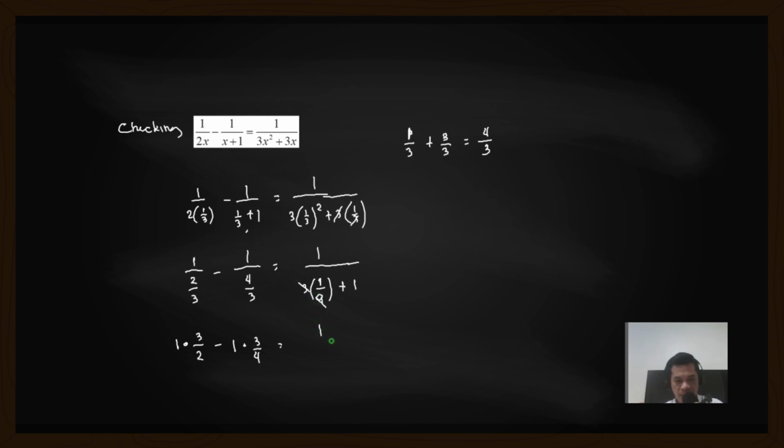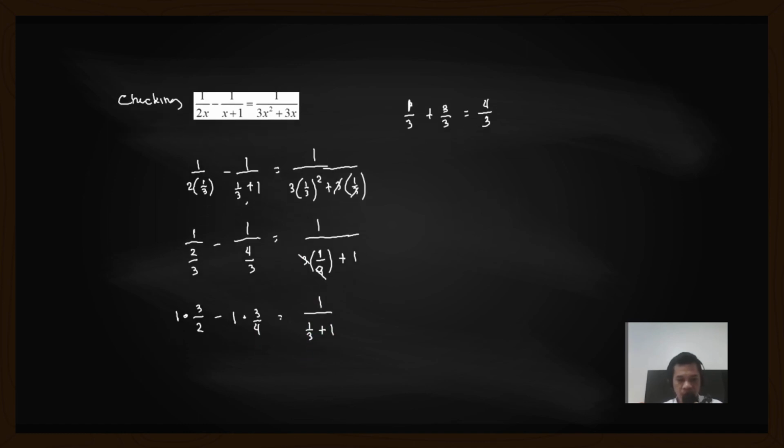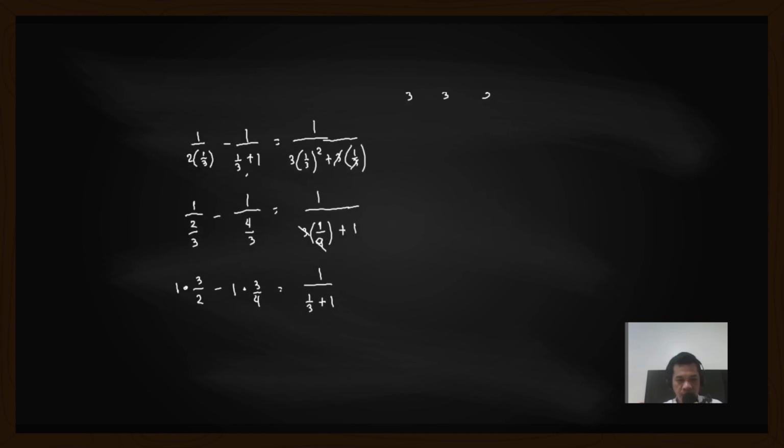So, our result now is equal to 1/3 plus 1. Okay? And then, multiply this one, the result is 3 over 2. 1 times 3 over 2, the result is 3 over 2, minus 1 times 3 over 4, the result is 3 over 4. So, ayan.